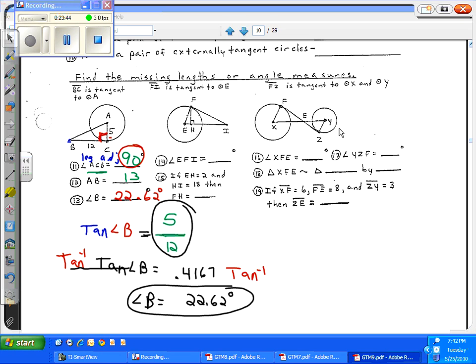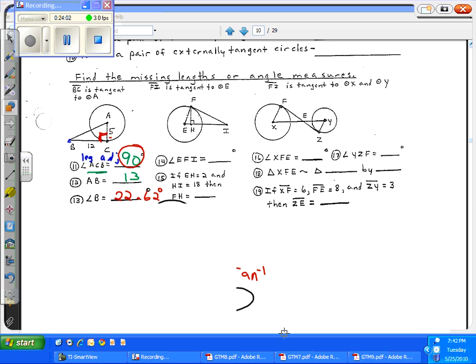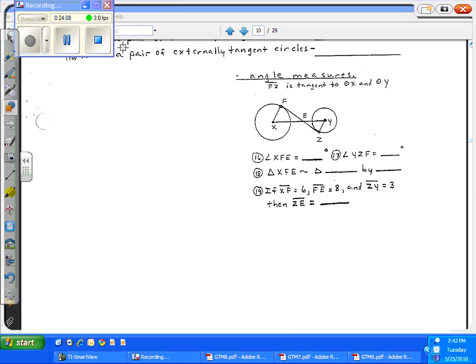Now let's look at this problem over here. It says FZ is tangent to circle X and circle Y. See what that does for us. I'm going to do some more whiting out in case I need this space for this problem. So I'm just going to wipe all that out. Go ahead and get this out of our way.